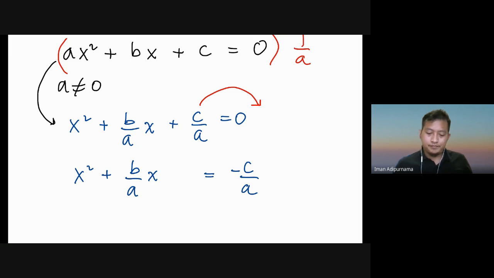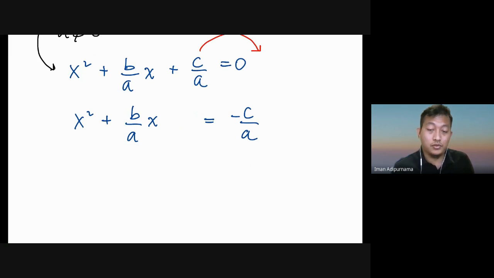Now, because you already know we used completing the square previously, let's use it here. So this will be plus b over 2a squared. This is also plus.